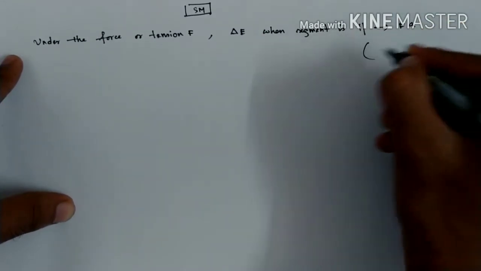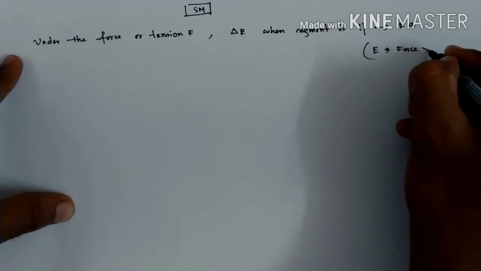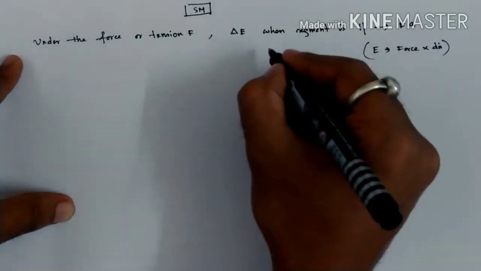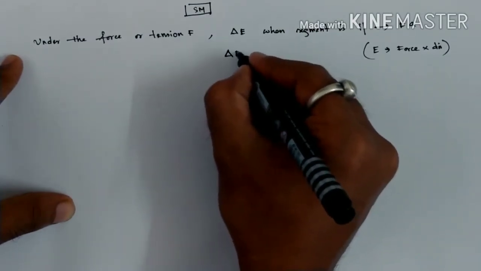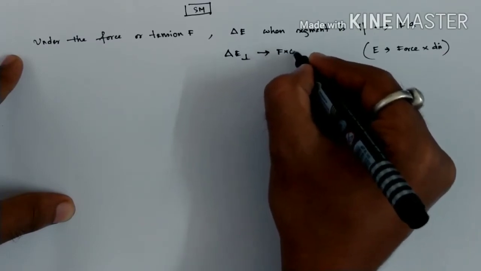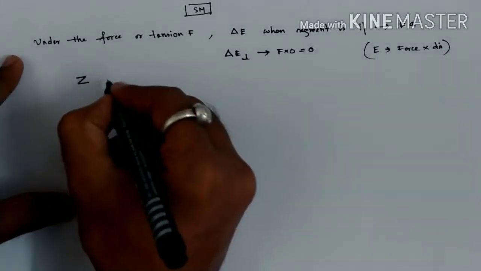Why so? Because work done, or energy, is given by force multiplied by displacement or distance. And when it is perpendicular, the delta E is F into 0, that is giving you 0. So now firstly let us find the partition function.